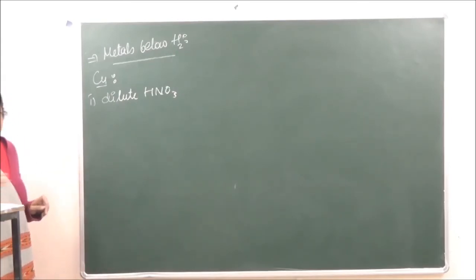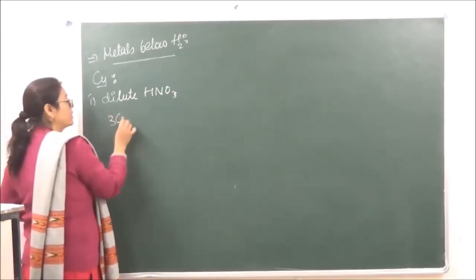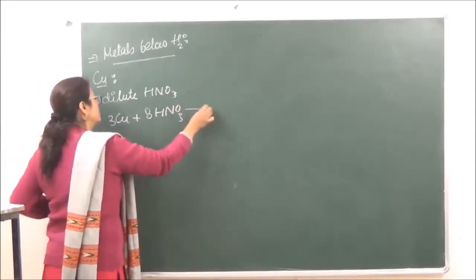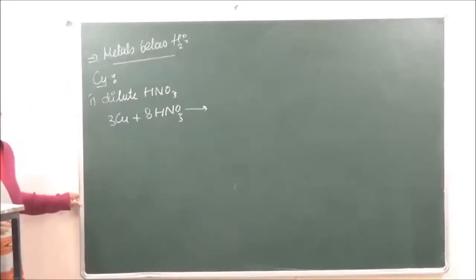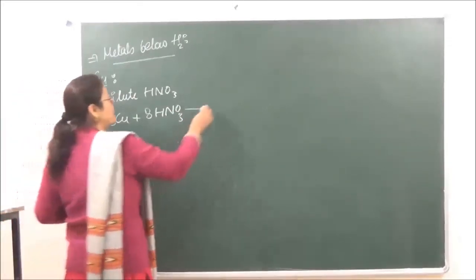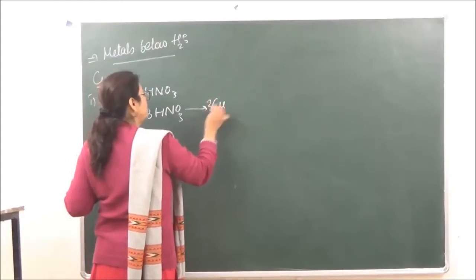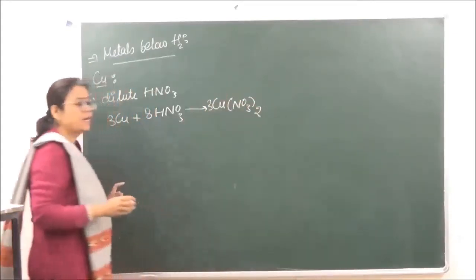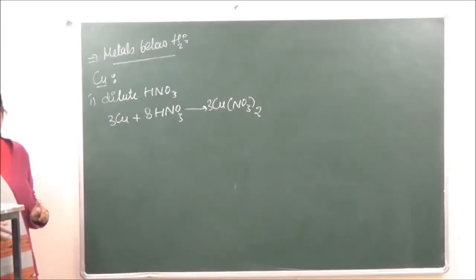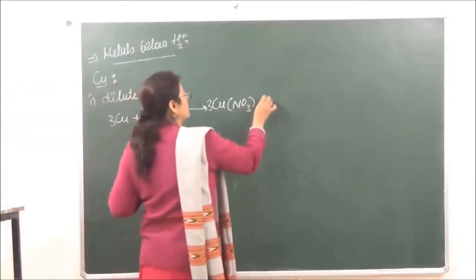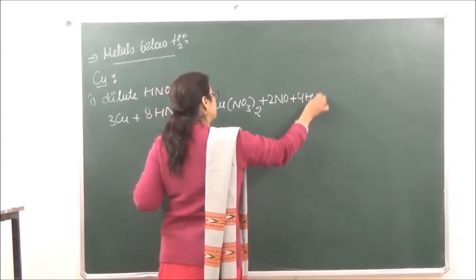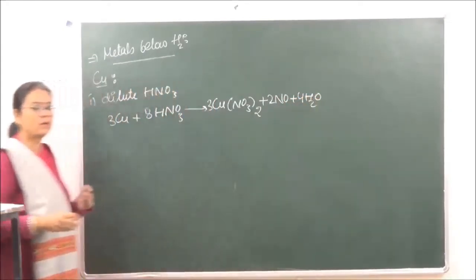So when reacting it with dilute HNO3, we are going to get copper nitrate plus nitric oxide plus water.